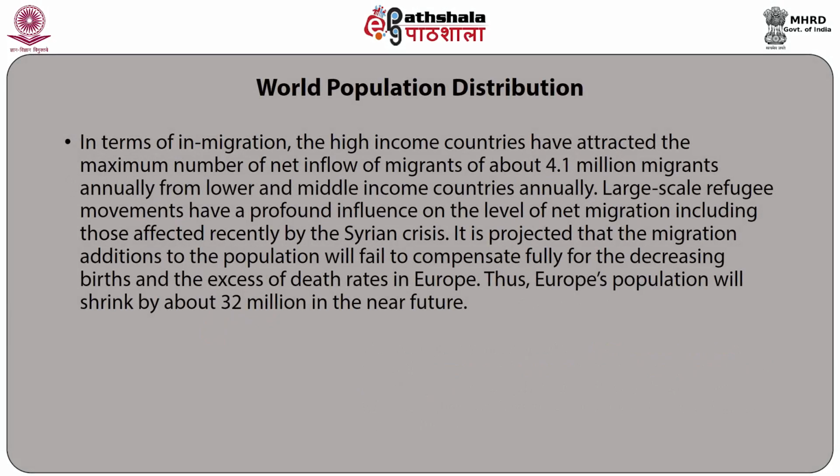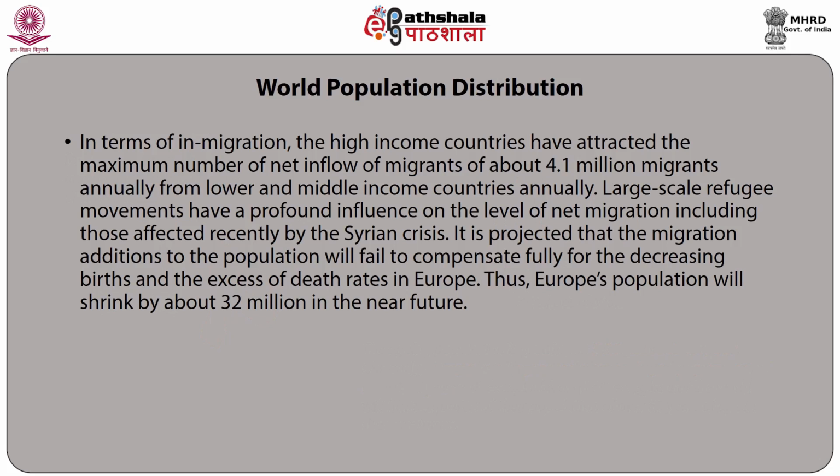In terms of in-migration, the high-income countries have attracted the maximum number of net inflow of migrants, about 4.1 million migrants annually from lower and middle-income countries. Large-scale refugee movements have a profound influence on the level of net migration, including those affected recently by the Syrian crisis.